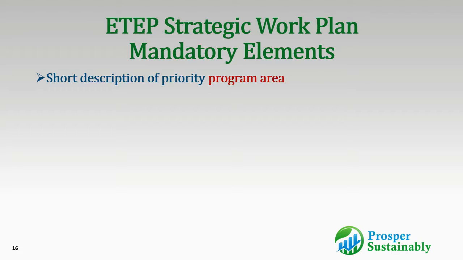So the first one is the short description of the priority, which is how it's stated in the GAP guidance. And in red, I've added program area because that's really how I think it's going to be most useful for you. Instead of going through and discussing each priority, like illegal dumping may be a priority, and that's definitely an important priority, I believe that addressing illegal dumping should be accomplished through objectives.